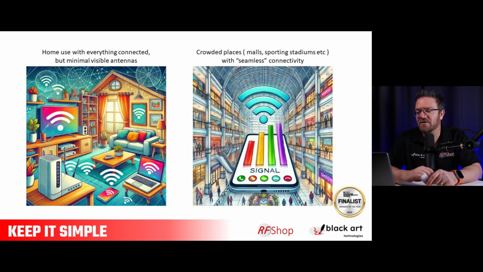The same goes for the picture on the right, which is just a shopping mall, again from ChatGPT. You walk into a shopping mall where, from a network design perspective, it's an absolute nightmare. You have thousands of people in a very small area. You have walls, metal structures, obstructions, everything there to make it an absolute disaster for a radio network. So they build nice integrated distribution networks in there.